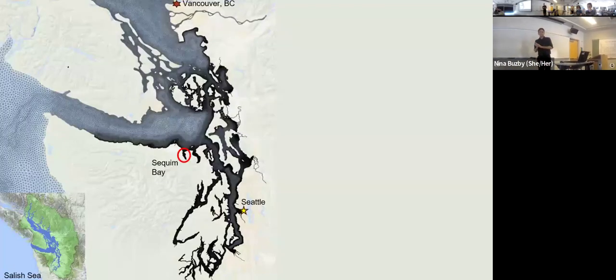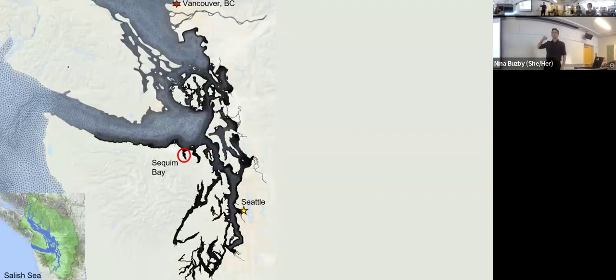So we needed a model, and we needed a model that was higher resolution than our 10K model. Fortunately, there's this existing model run by the Coastal Modeling Center at the University of Washington, in collaboration with folks at PNNL. It is an FVCOM model, which is the Finite Volume Community Ocean Model. But the really neat thing about FVCOM is it has a flexible model geometry.